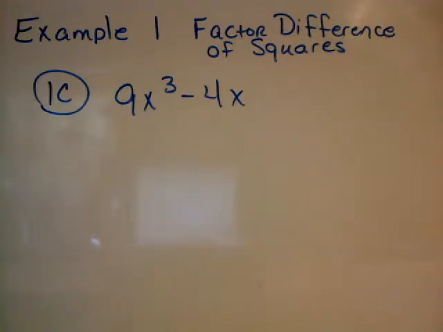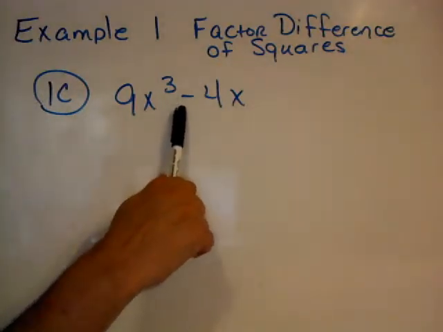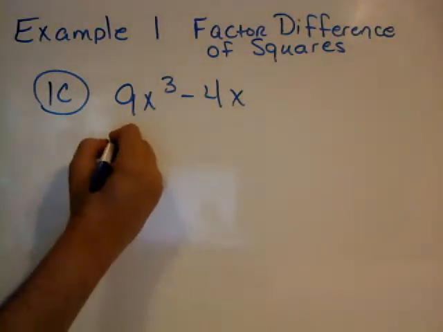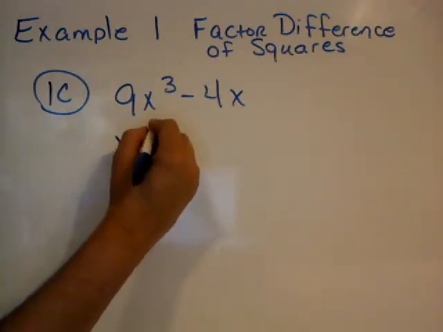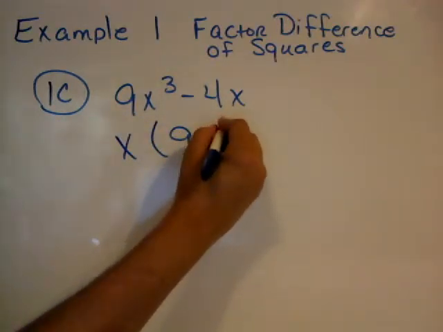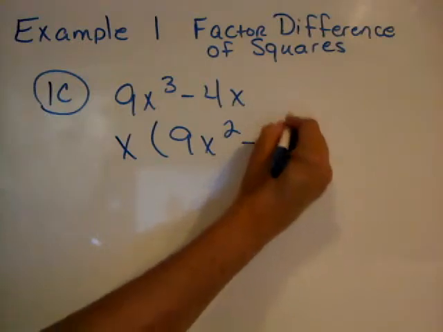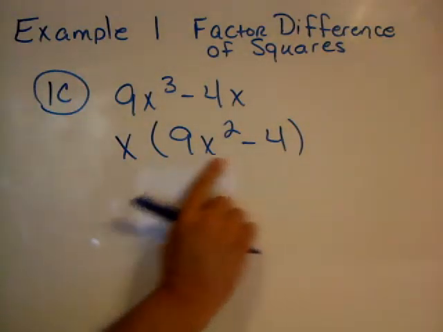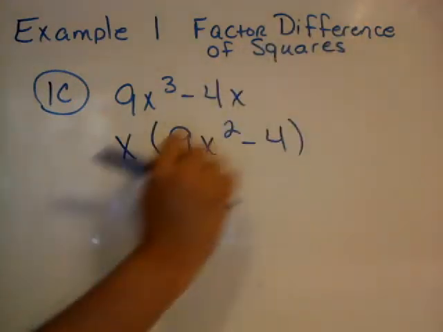Okay, let's look at example 1C. I have 9x cubed minus 4x. Well, I really like to work with squares, so I'm going to factor out an x. If I factor out an x, that's going to leave me with 9x squared minus 4. And now I have a perfect square here, a difference of squares.